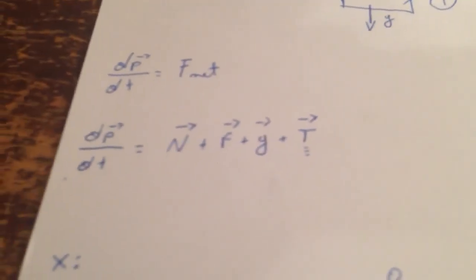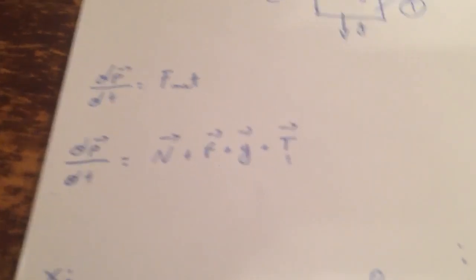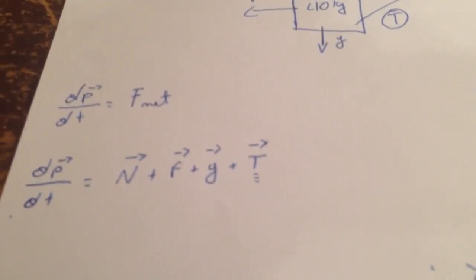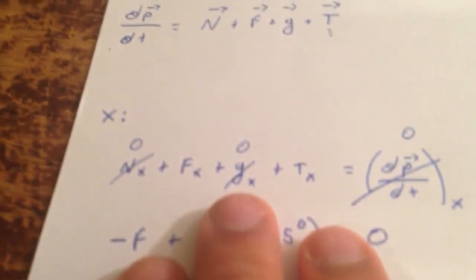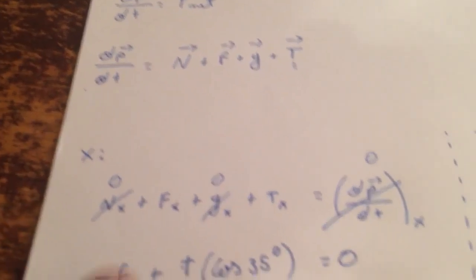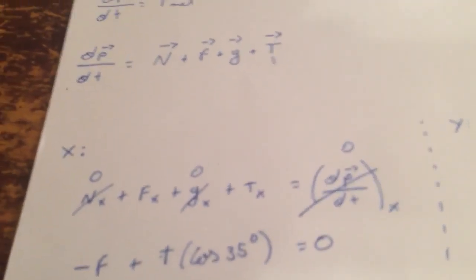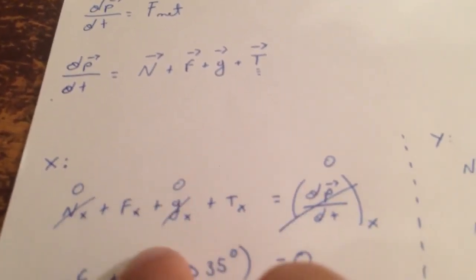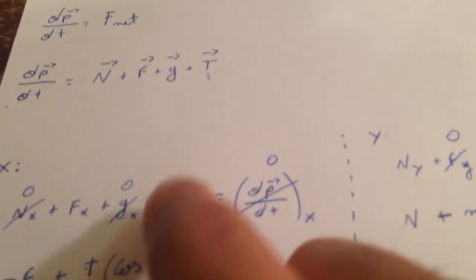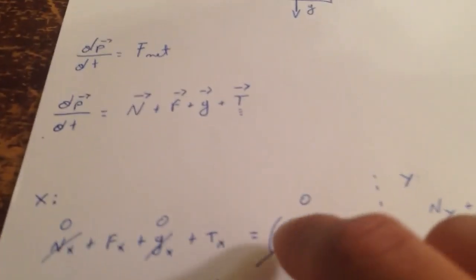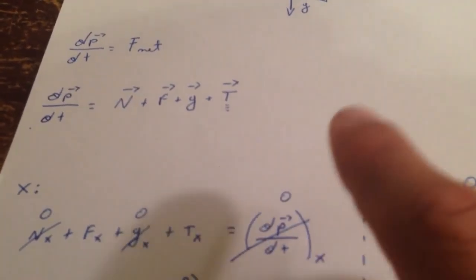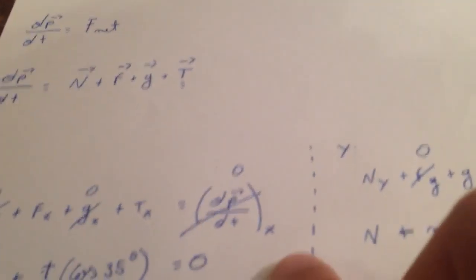To make your life and my life easier, I separate my vector equation into components. Let's start with x. The normal force in the x direction, plus the frictional force in the x direction, plus the gravitational force in the x direction, plus the tension force in the x direction equals the change in momentum in the x direction.